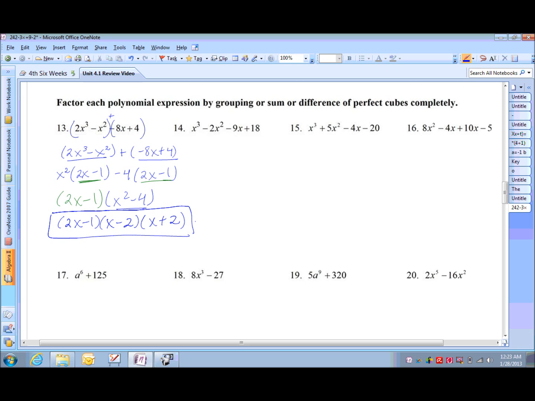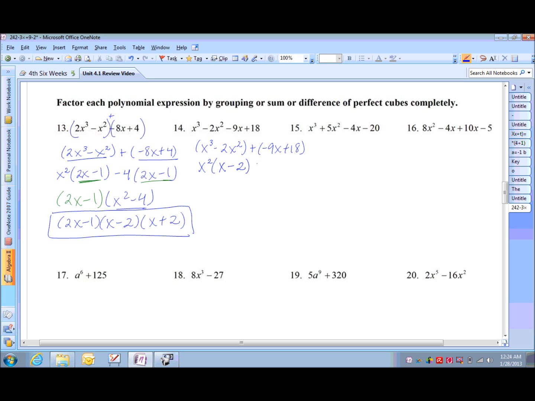Okay, let's look at problem 14 now. We can group the first 2 terms together and the last 2 terms together. So we're going to write it as x cubed minus 2x squared plus negative 9x plus 18. We pull out what we can in each set of parentheses. So in the first set of parentheses, we can pull out an x squared, and you're left with x minus 2.